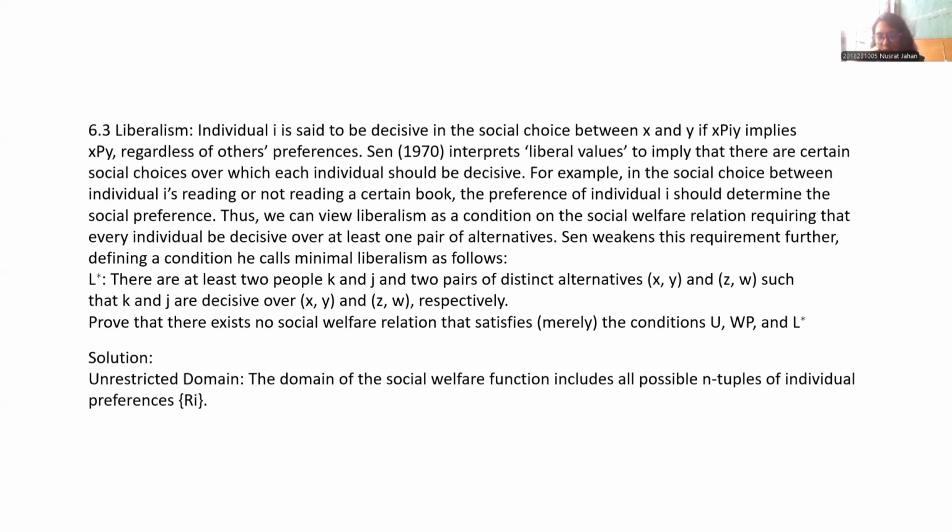Here U is unrestricted domain, WP is the weak Pareto principle, as you know, and L star means minimal liberalism.